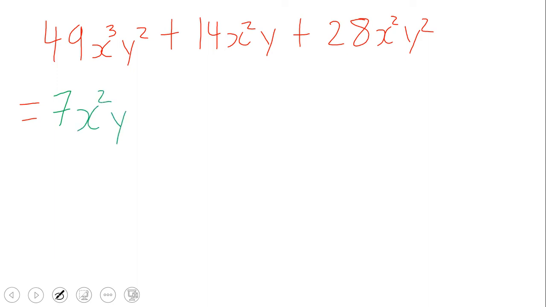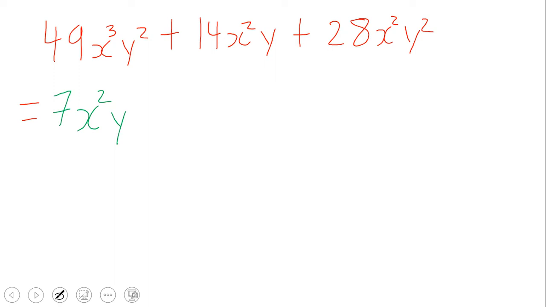Why do you say x squared and y? Wait, hold on. No, you're right. Because of the 14x squared, and then x squared, and 49 is x cubed. So the common factor is x squared.